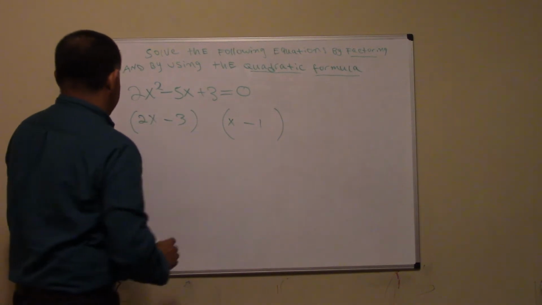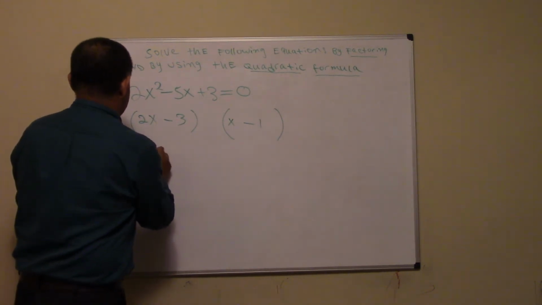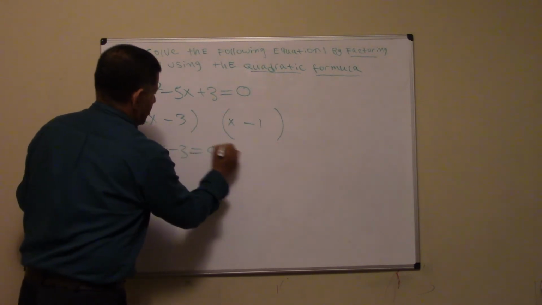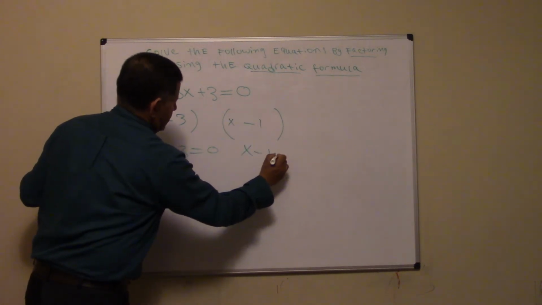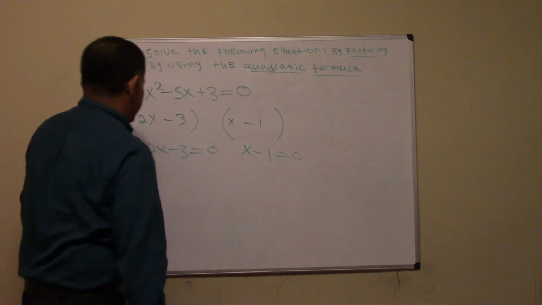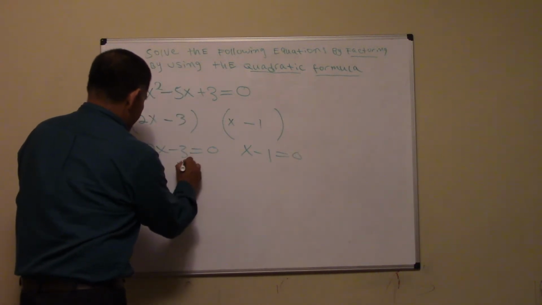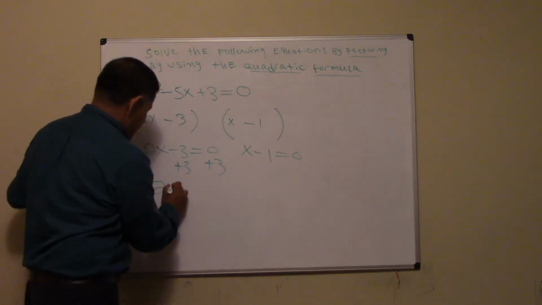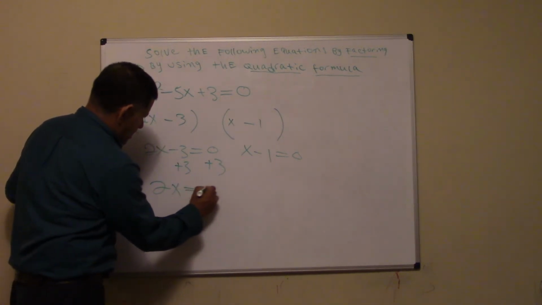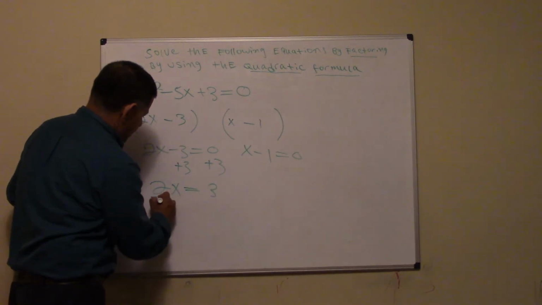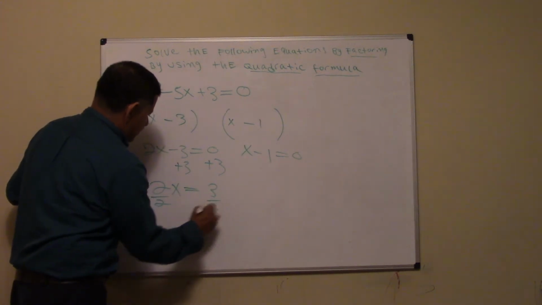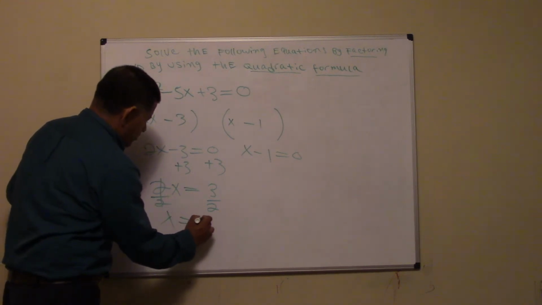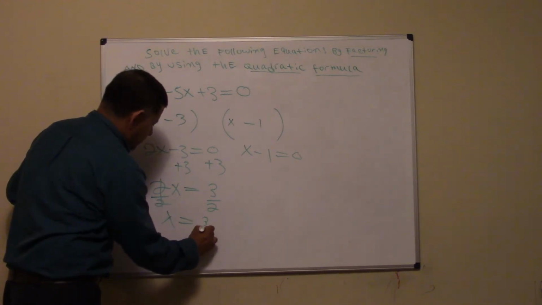Now all I have to do in this case is set these two factors equal to 0. 2x minus 3 equals 0, x minus 1 equals 0, right? Here I add 3 on both sides and I get 2x equal to 3, divided by 2 on both sides, and x is equal to 3 halves.